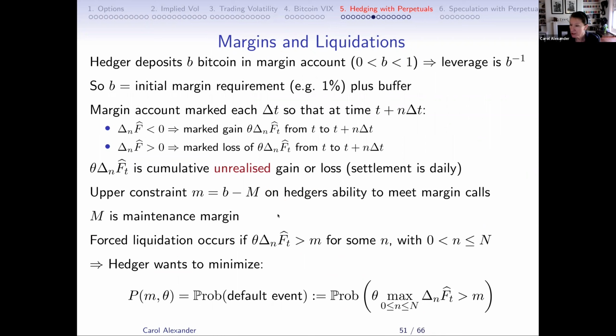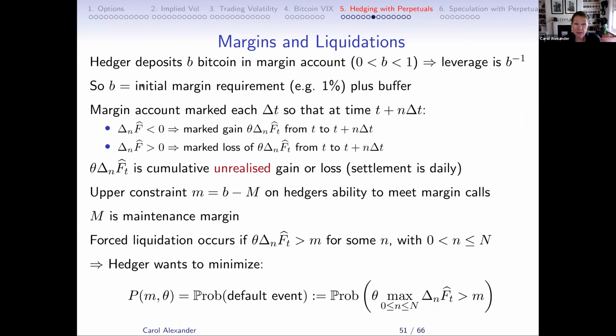But what about margins and liquidations? Well, you need a margin account and you're hedging 1 Bitcoin. So you don't have to put a whole Bitcoin into your margin account. You could use leverage, which will be given by b to the minus 1.